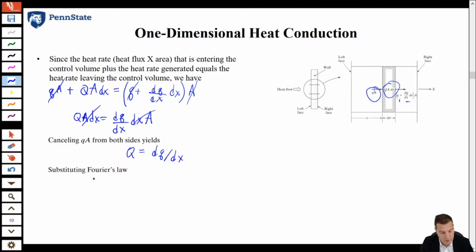So we have Fourier's law. Remember, that is q equals negative k dT/dx. Then we can substitute the q into that.